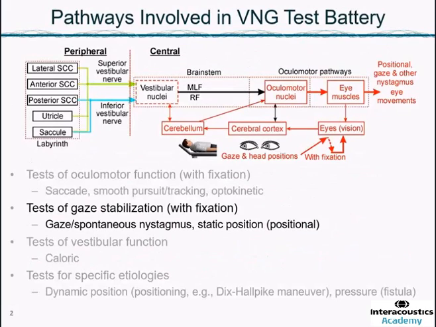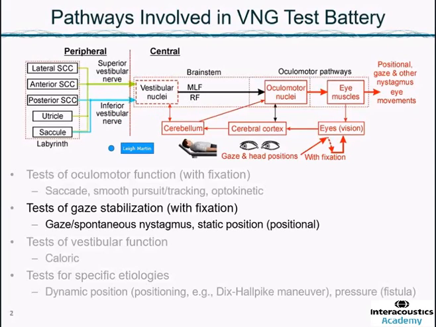Just to review the pathways that are involved in the gaze stabilization. On the left-hand side of the screen, you see the peripheral structures. These are the three semicircular canals, utricle and saccule. The information from the peripheral structures is carried to the central vestibular pathways located in the vestibular nuclei through two branches of the vestibular nerve, superior and inferior.